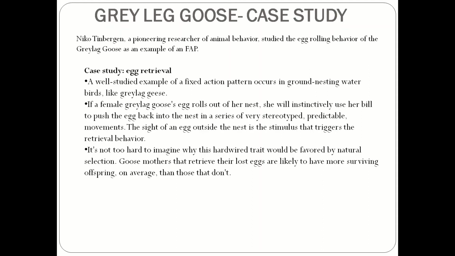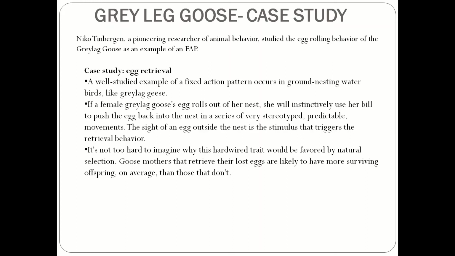Now see, we have seen earlier also that behavior gives an organism a fitness value. So why is this example studied? It is not too hard to imagine why this hardwired trait would be favored by natural selection. Goose mothers that retrieve their lost eggs are likely to have more surviving offspring on average than those that don't.